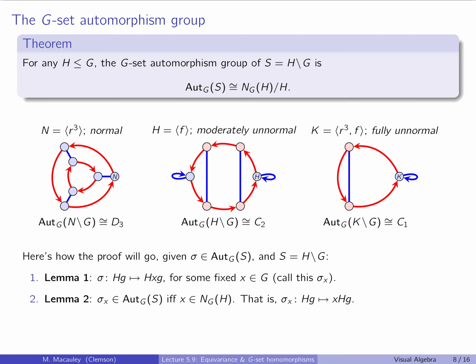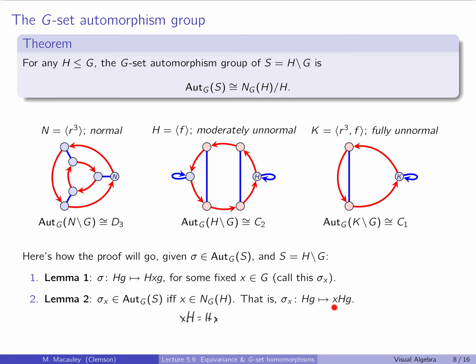Next, we'll prove that this map up here is actually a G-set automorphism if and only if x is in the normalizer. And when that happens, well, that means that xH equals Hx. So this map that I've defined above is really left multiplying a right coset by x.